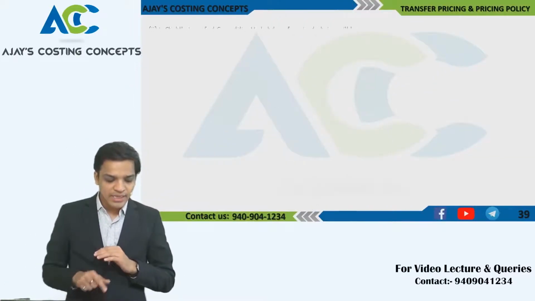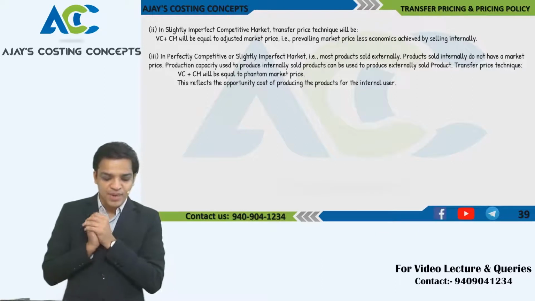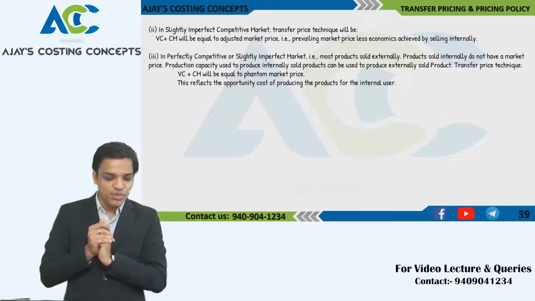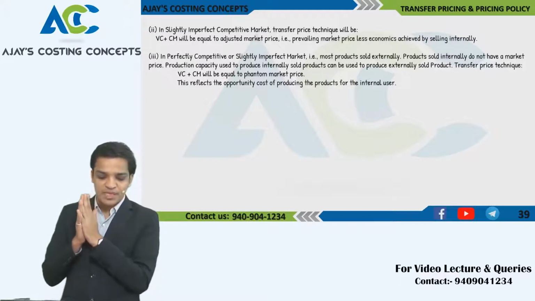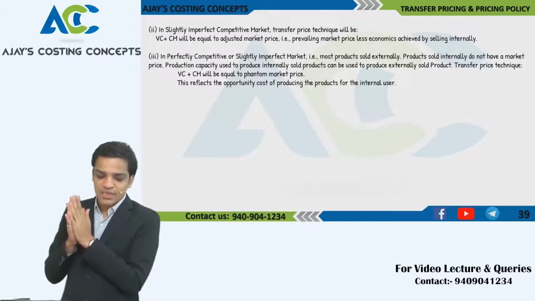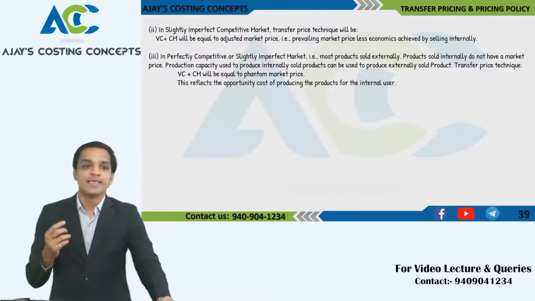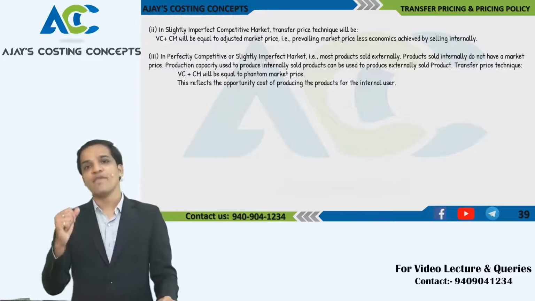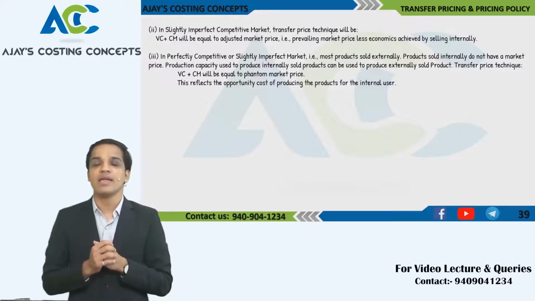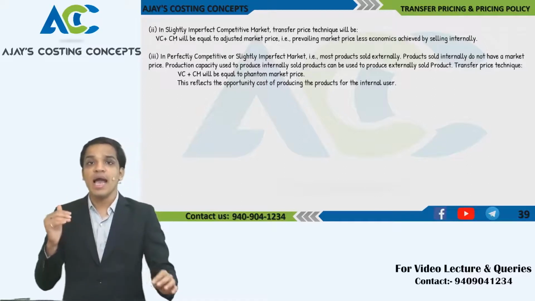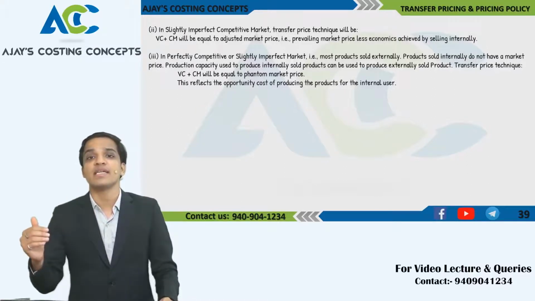Then in the case of a slightly imperfect market, the market transfer price technique will be variable cost plus contribution equal to the adjusted market price, that is the prevailing market price less economies arrived at by selling internally. What is this, sir? Can you explain? See, when there is a slightly imperfect competitive market, the understanding is that if I am selling this product in the market, I have to incur 5 rupees of sales and distribution cost.